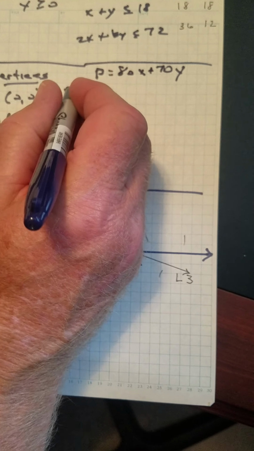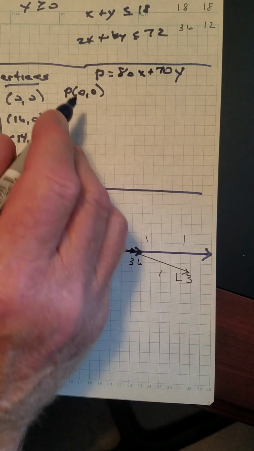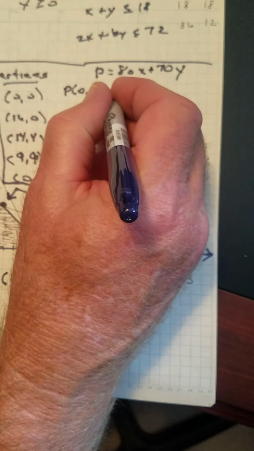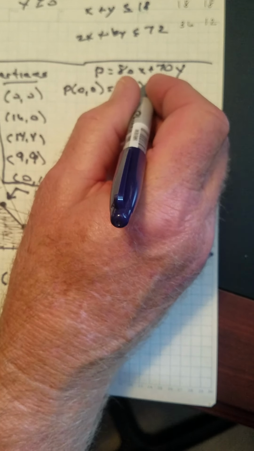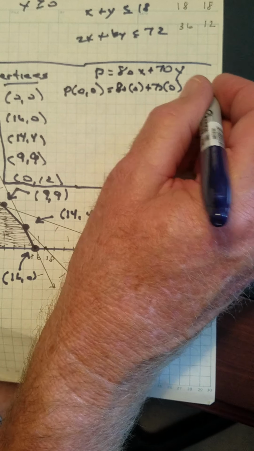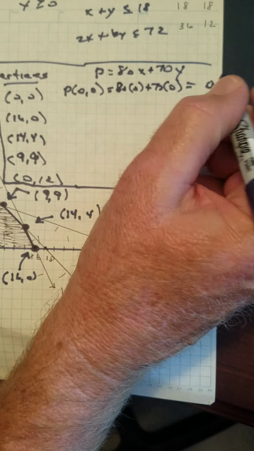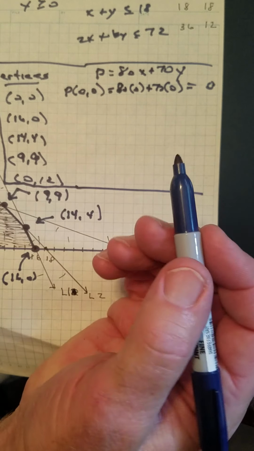So the profit at 0, 0. That means I'm going to put 0 for x, 0 for y. That's going to be 80 times 0 plus 70 times 0, and that's going to be 0. Makes sense. If you don't produce either one of them, then it's going to go to 0.